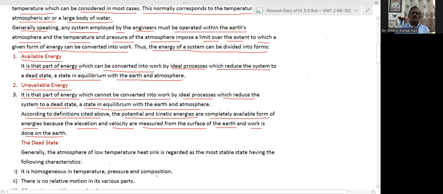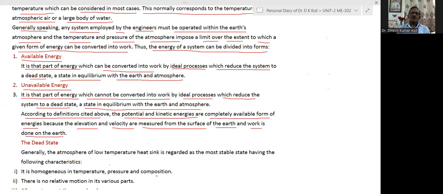the unavailable energy. For example, if we take an IC engine, we use some fuel, either petrol or diesel. It has some energy in the form of chemical energy. By the combustion of the fuel and the expansion process in a cycle, it produces some work, or converts the heat energy into work. The amount of work per cycle we receive from an engine is called the available energy, meaning by some process this energy can be converted into work.